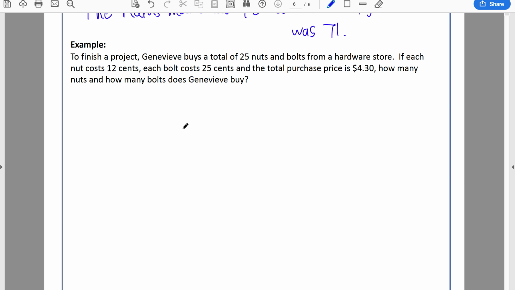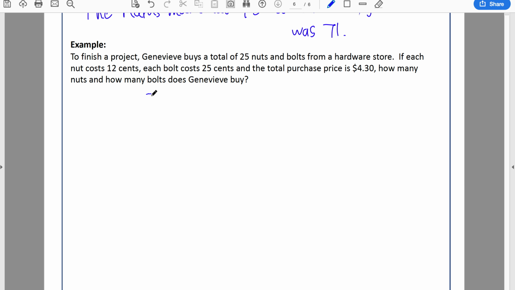So if you have a look here, we've got 25 nuts and bolts from a hardware store. That's what Genevieve has purchased. We've got the cost of each of those and how much she spent altogether, but we don't know how many of each she's bought.